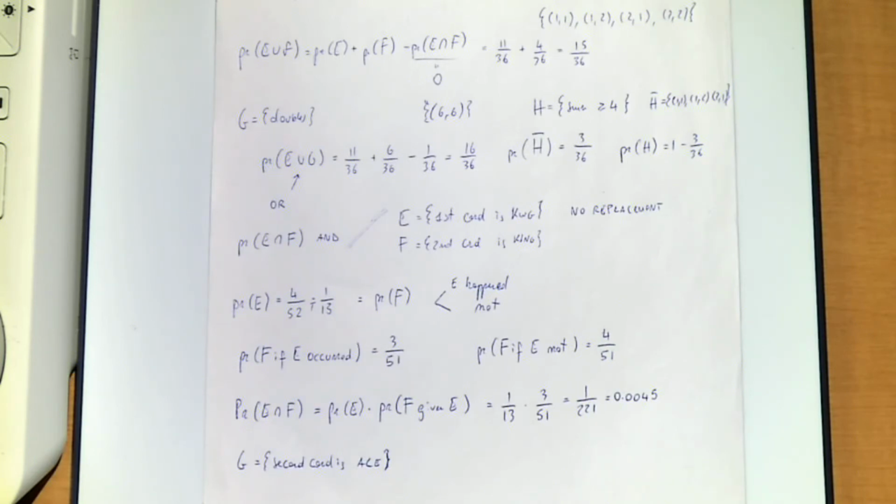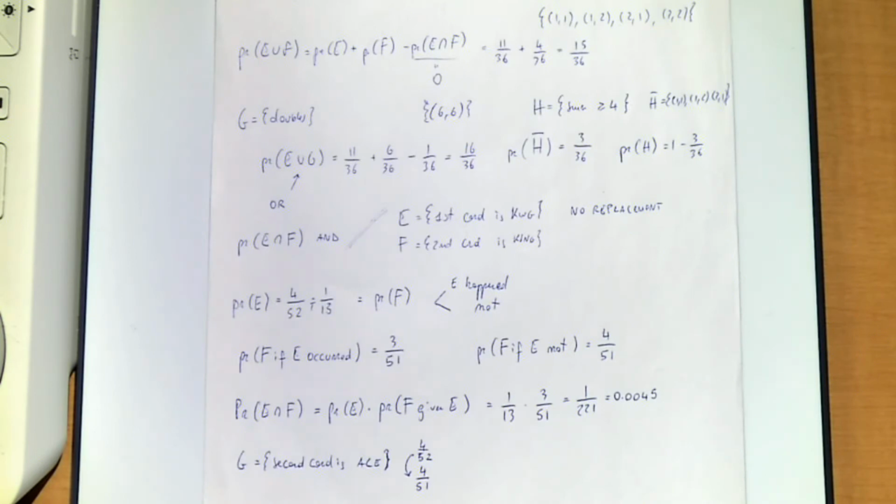So that's the difference between the 2, because we're not using the same card. We have either 4 over 52 if E did not occur, or 4 over 51 if we actually draw the first one.